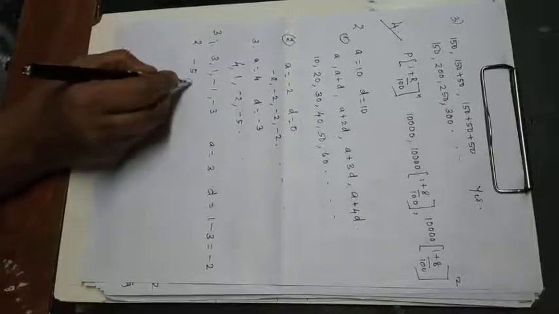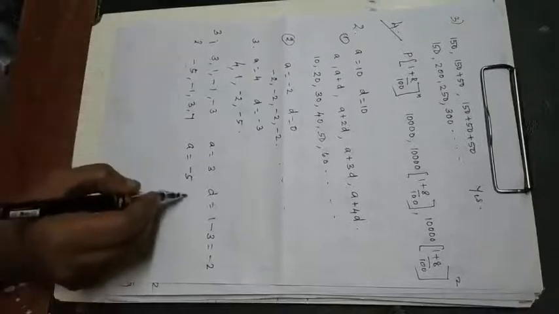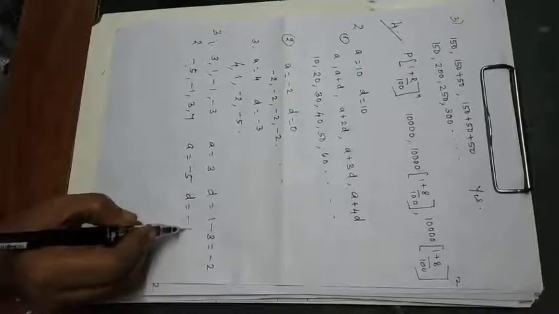Second question, -5, -1, 3, 7. What will be A there? Negative 5. First term is negative 5. And what will be D there? Negative 1 minus negative 5, so it will be negative 1 plus 5, that is equal to positive 4.